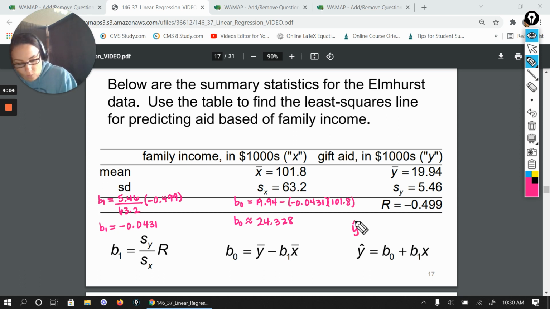This means that y hat is equal to 24.328 minus 0.0431 times x. In other words, the prediction for the aid equals 24.328 minus 0.0431 times the income.